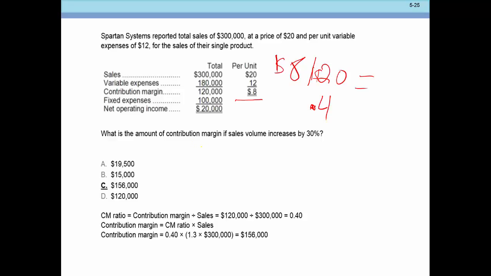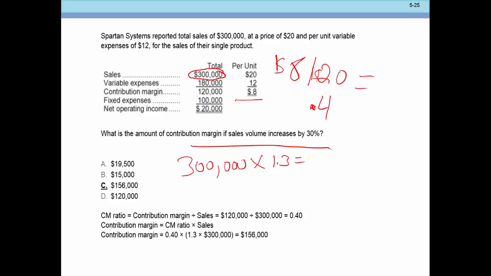And then they say, well, if sales increase by 30%, what happens? Well, if sales are at 300,000 now, then to increase my sales by 30%, I would simply take 300,000 times 1.3. Does that increase it by 30%?